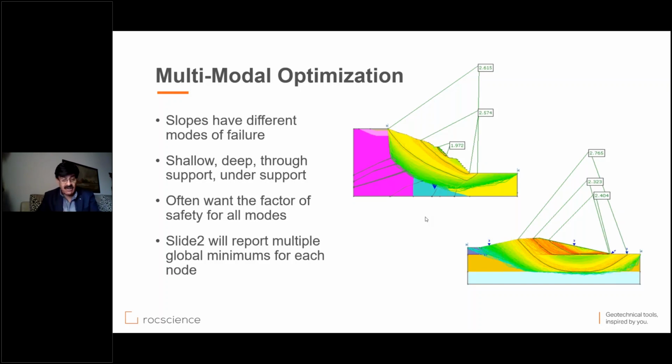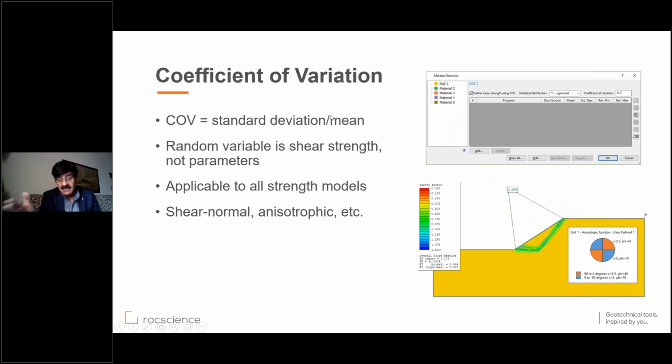Some could be going through the support, some beneath the support. You would like to know the factor of safety for these different modes, rather than looking at one factor of safety for the entire slope. That's what multimodal optimization is, which would be included in the features in the near future.